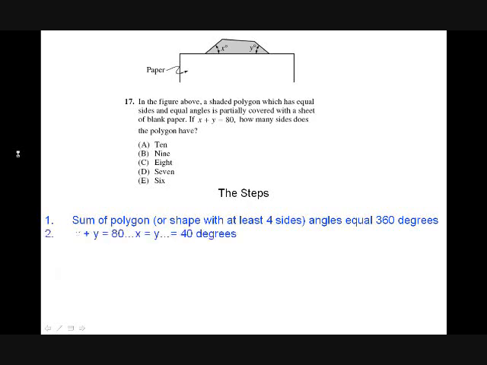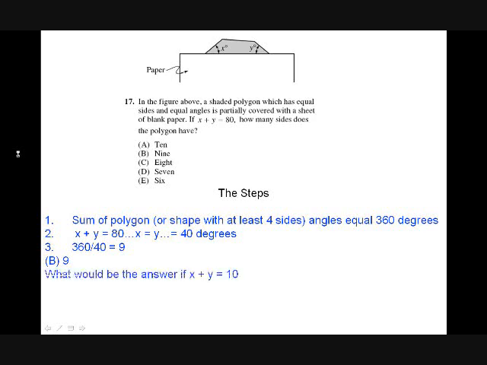So we know that x is equal to y, which is equal to 40 degrees. So there's 360 degrees total in the polygon. Each angle has to be 40 degrees since all the angles are equal to each other. So if we divide 360 by 40, we're going to get the total number of sides, which would be 9. And B is your answer.